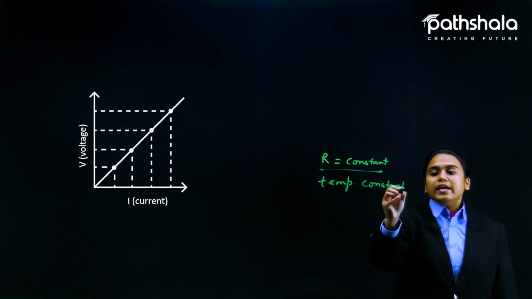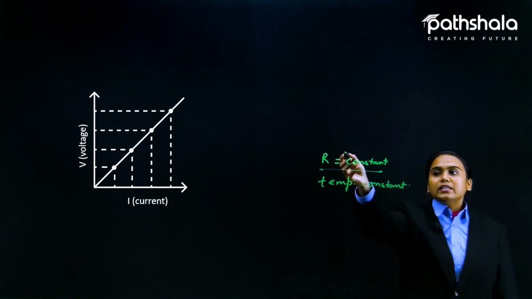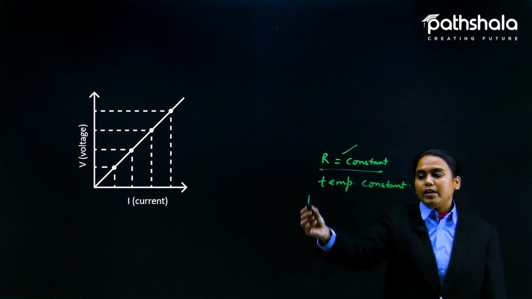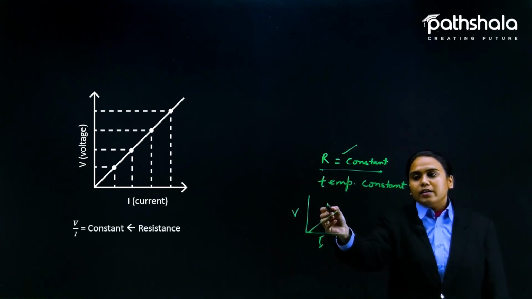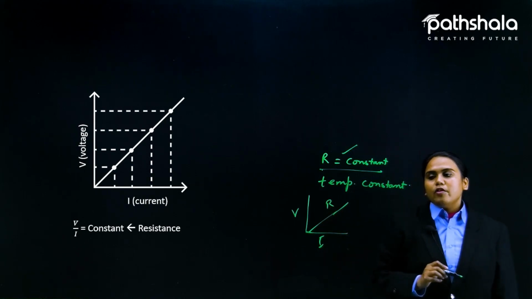So in the graph you can see, because R is constant, the slope between V and I will give the value of R.